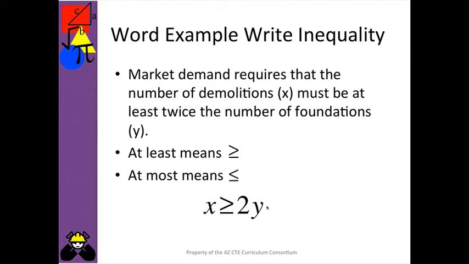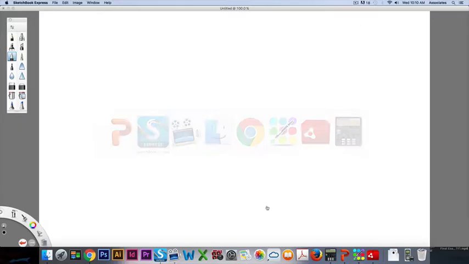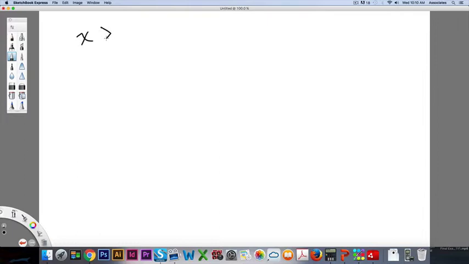Welcome back. Let's go to our slates and look at this. The inequality said that X must be greater than or equal to 2y. Now, is that in y equals mx plus b form? No. The first thing I need is the y to come first, so I'm just going to flip it over.